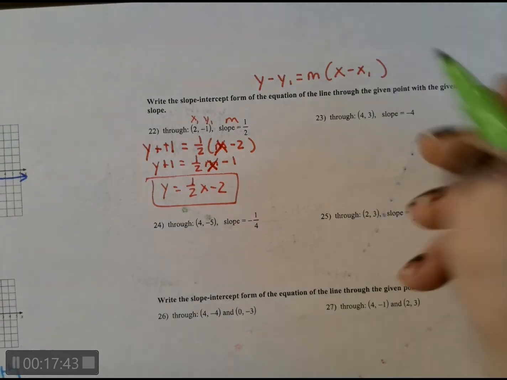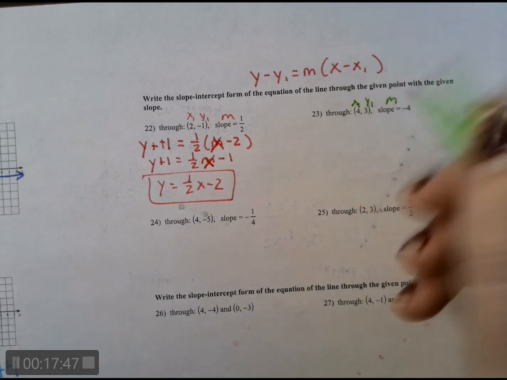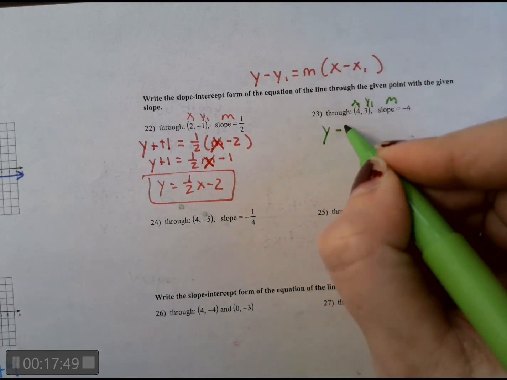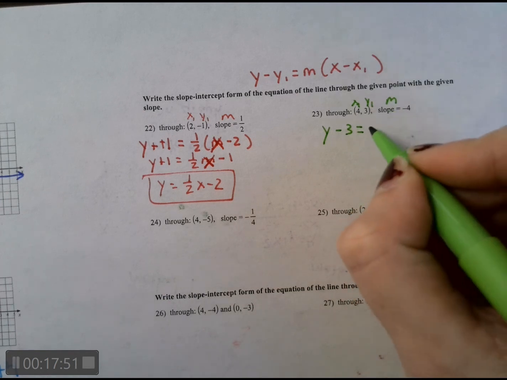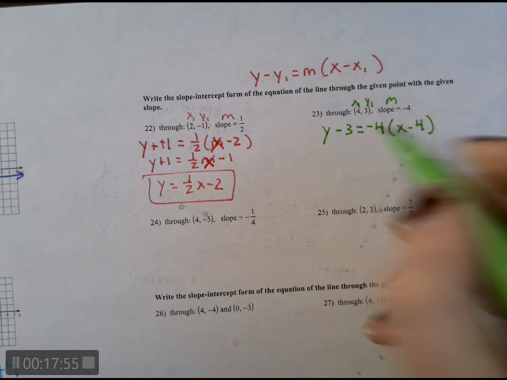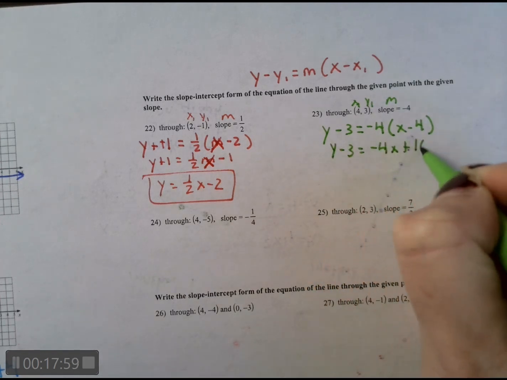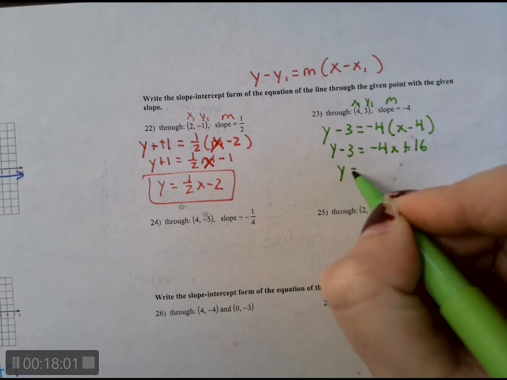Alright, and next one. So, y minus y1 equals your m, x minus 4. So y minus 3 equals negative 4x plus 16. Add 3 to both sides.